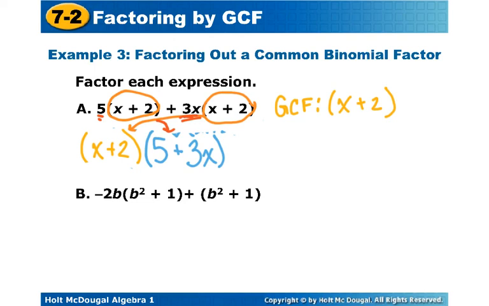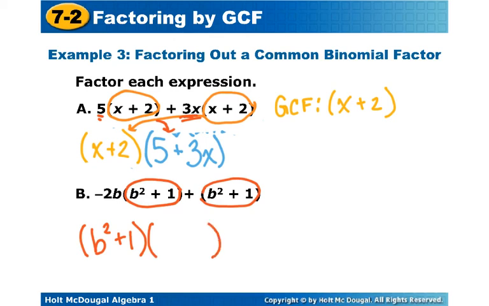All right, let's look at letter B. So looking at letter B, is there a common factor? Well, if you're saying they're both having b squared plus 1, you are correct. So I'm going to drop one of them down into a set of parentheses. Next, I need to do my second set of parentheses. That means in the second set comes the terms that are outside.